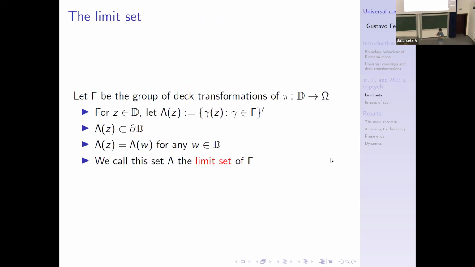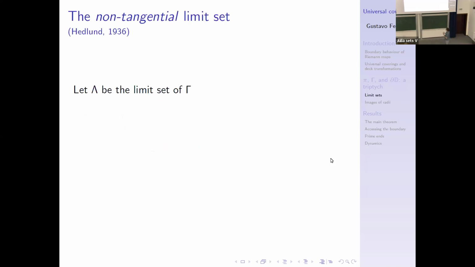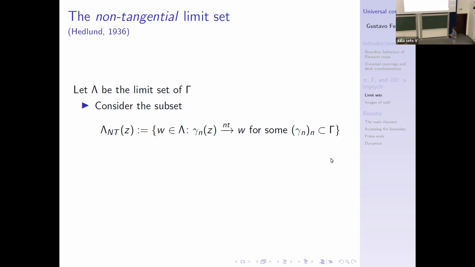But this group is a bit big for our purposes, right? So there's a subset of this guy, which was introduced by Hedlund in 1936, which goes like this. We take the limit set, and we take some subset of this guy, which consists of the points in the limit set where some subsequence of my orbit is approaching non-tangentially, right?